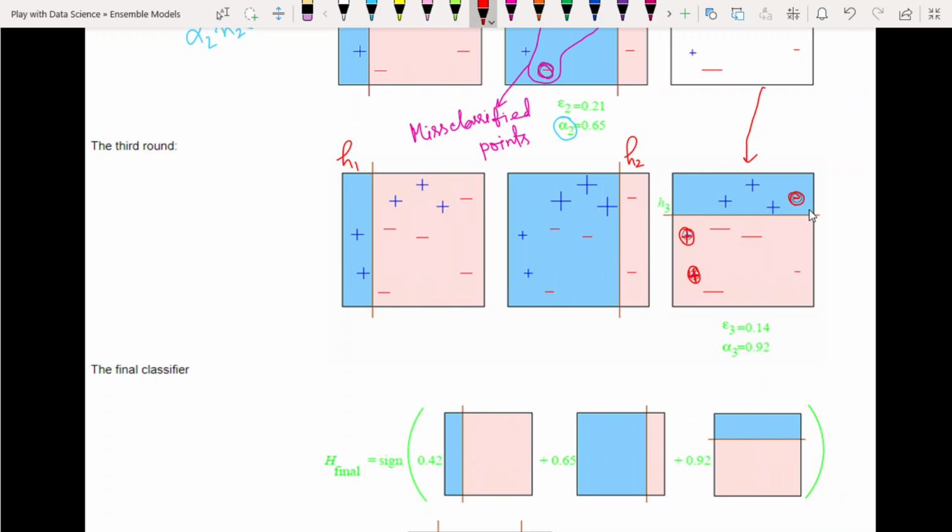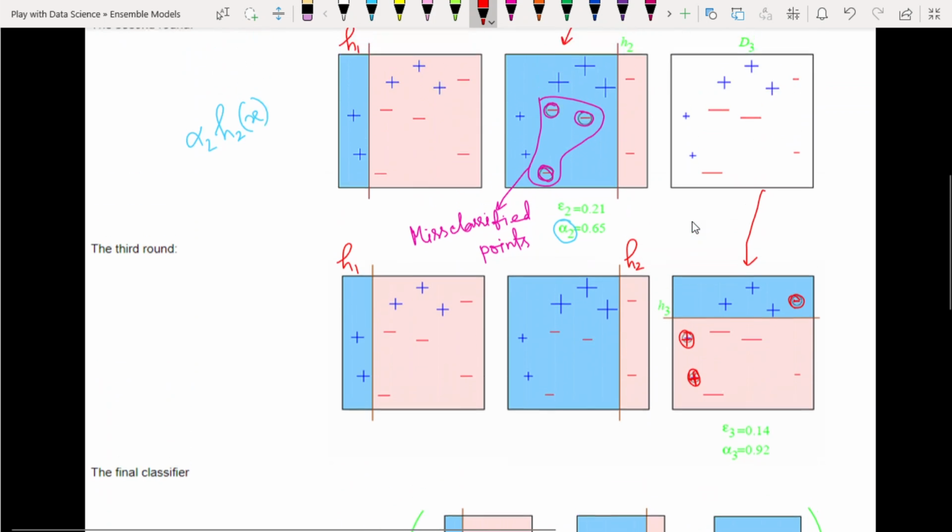So these misclassified points are handled by H2, and these 2 misclassified points were already handled in the previous stage by H1. So we are not confused by these 3 misclassified points, because our previously built models, H1 and H2, already handled these confusions. Okay, so I think after this stage all the points are correctly classified.